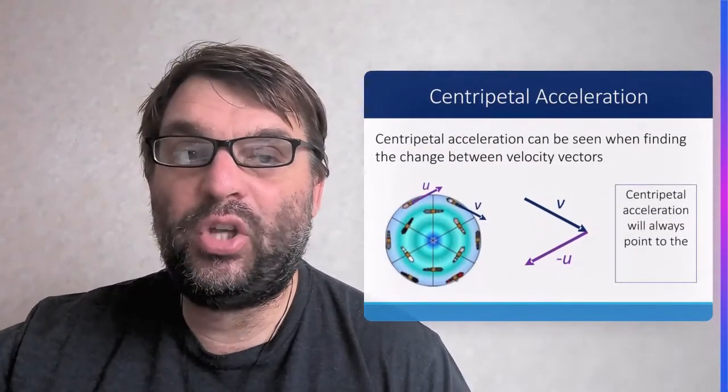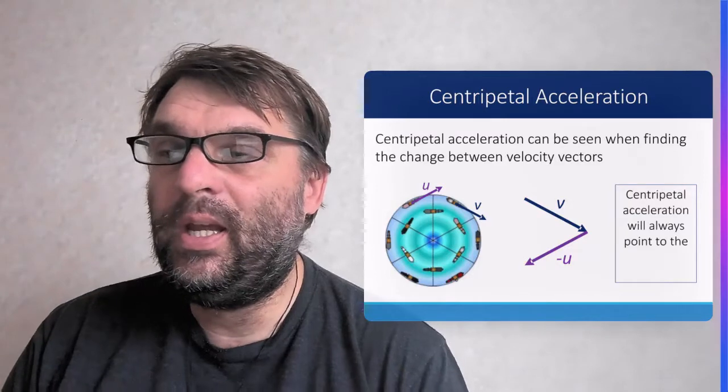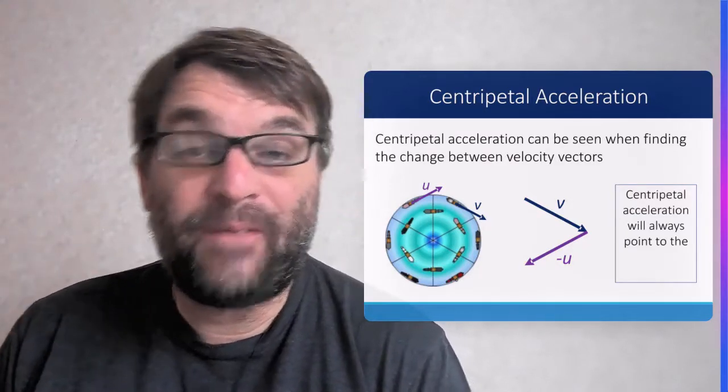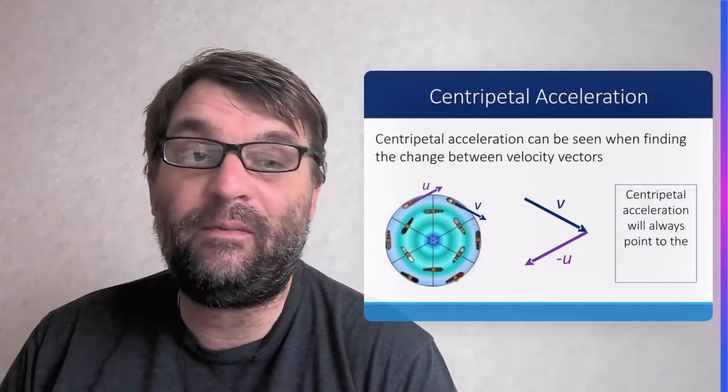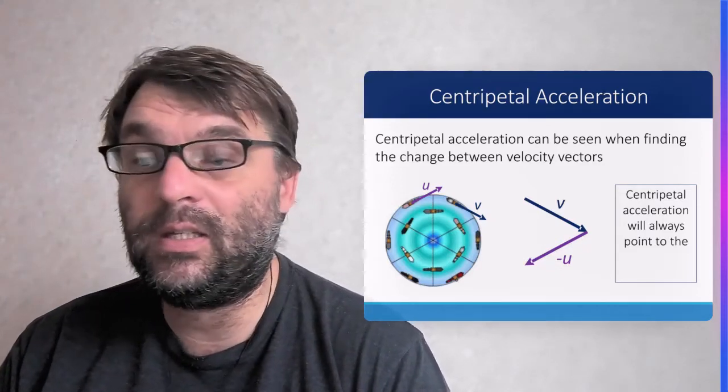In terms of centripetal acceleration, this is where vectors come in. It's the change between velocity vectors.